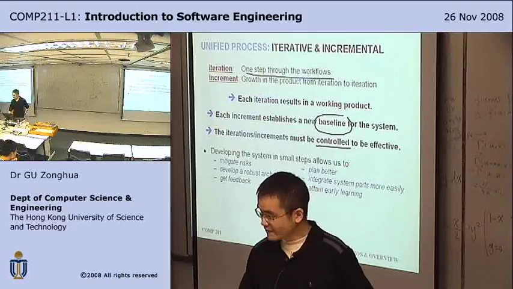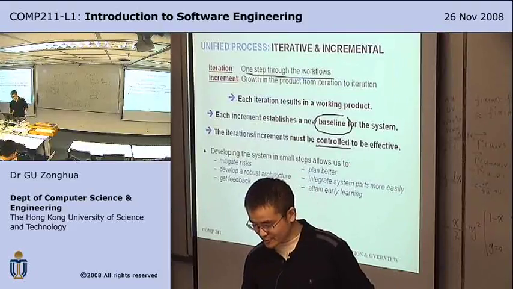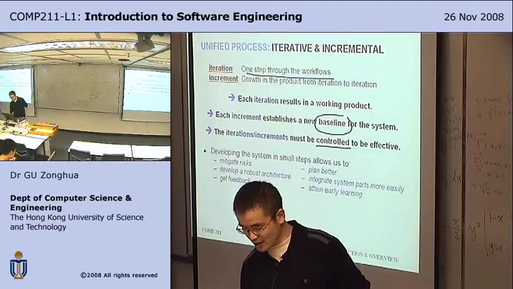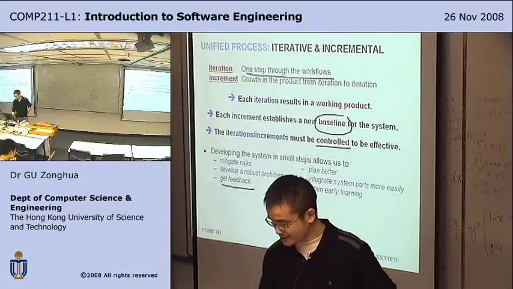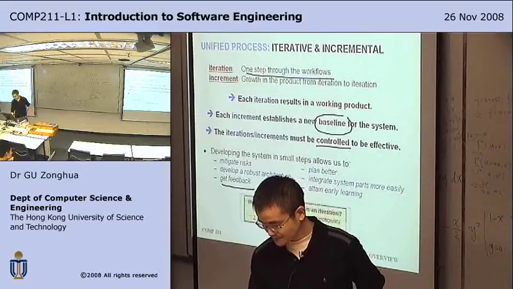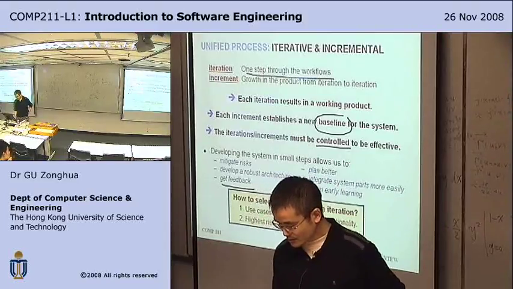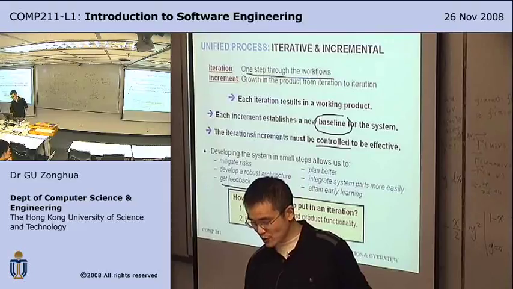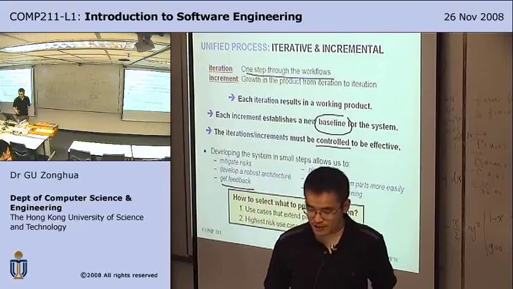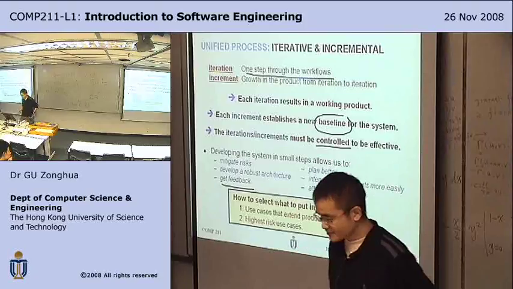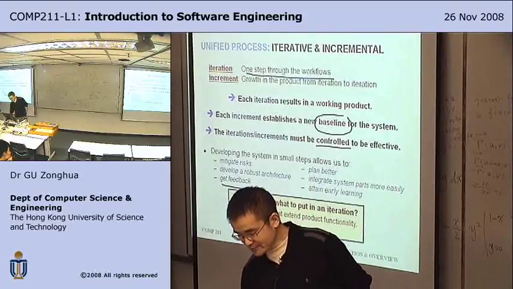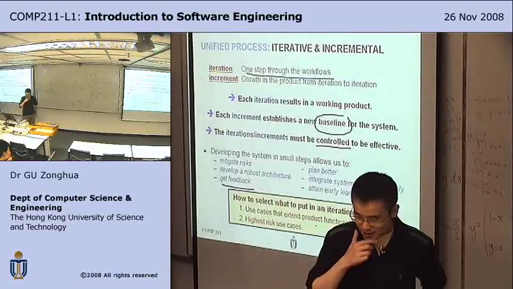So developing a system in small steps allows us to mitigate risks, get feedback early. By having an early prototype, you can show it to the clients. So what to select to put in the iteration? So you target the highest risk use cases, and use cases that extend product functionality.